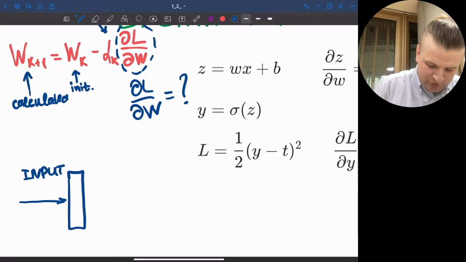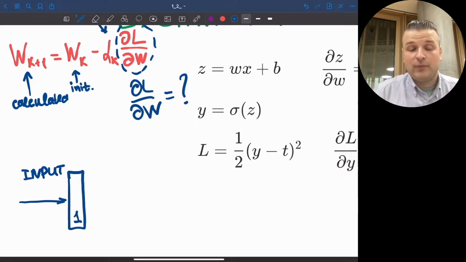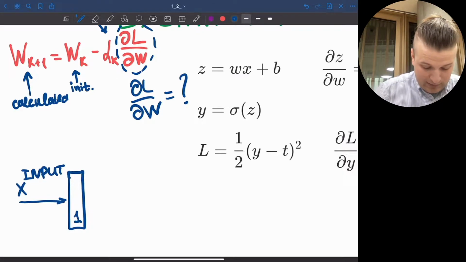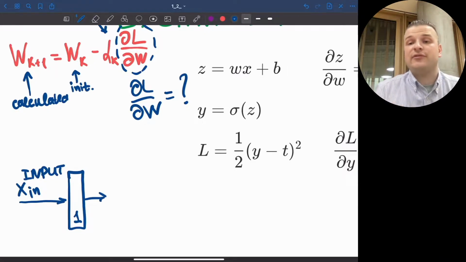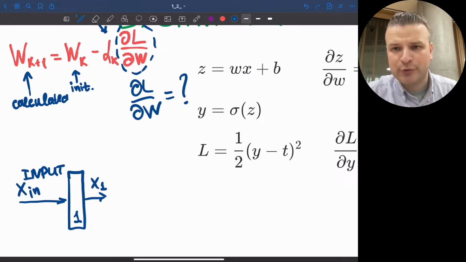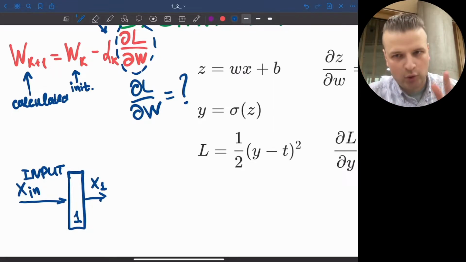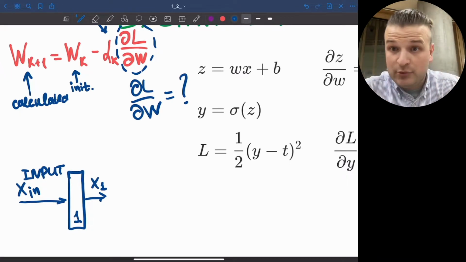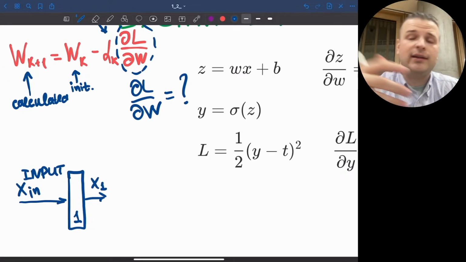For example, transformation 1, and if an input is denoted as x in, the output after the first transformation will be, let's say, x1. It could be a vector or a matrix, but typically we are talking about a vector here. But when we are considering images, that's a tensor, etc.